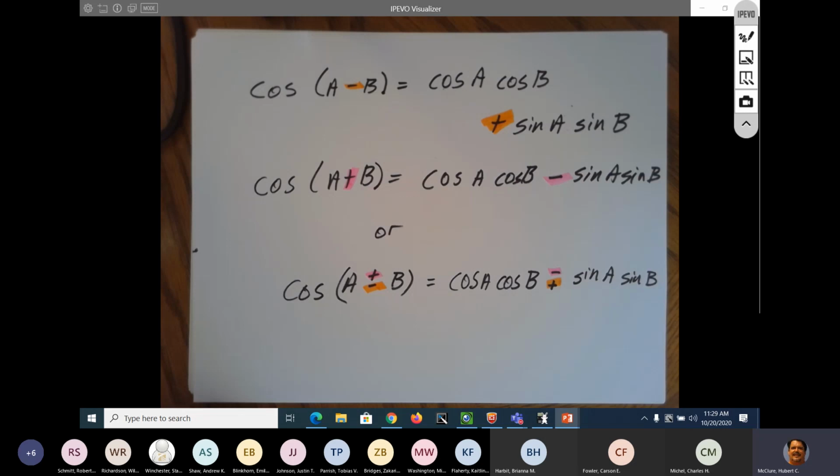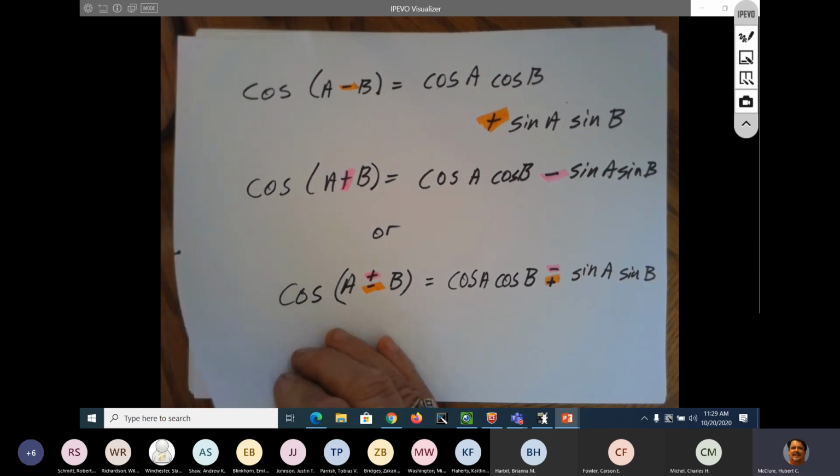So let's do an example with the cosine. Here's the part that I want you to understand, and I'm going to fold this up because I'm going to use this in the next page. I don't want y'all to make this hard, because some of you are going to make it hard.